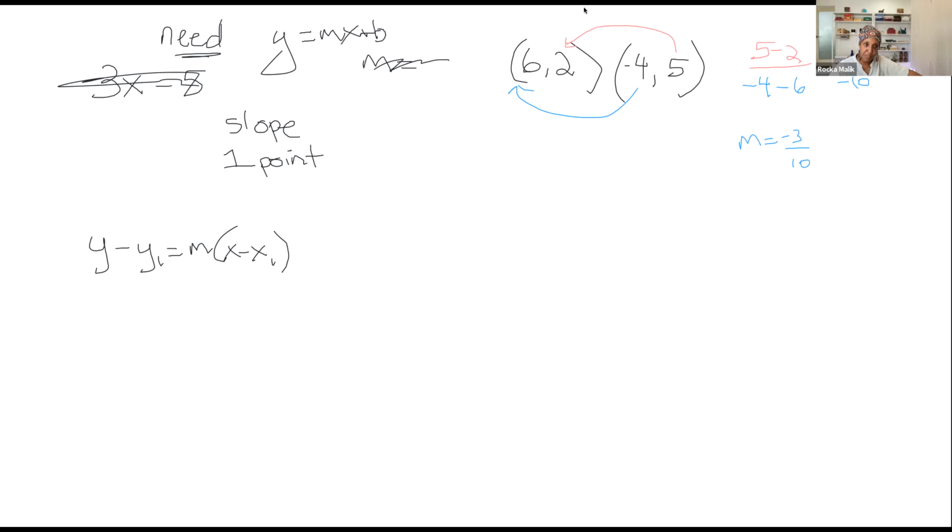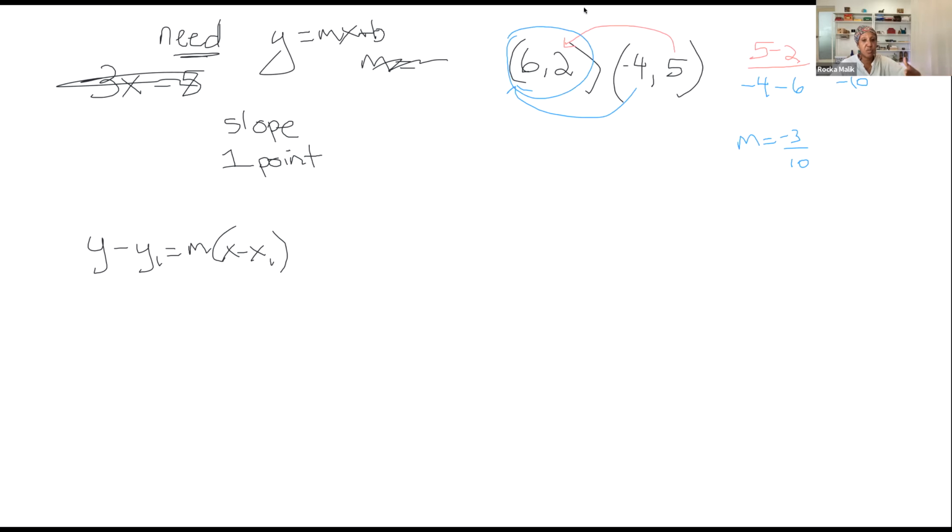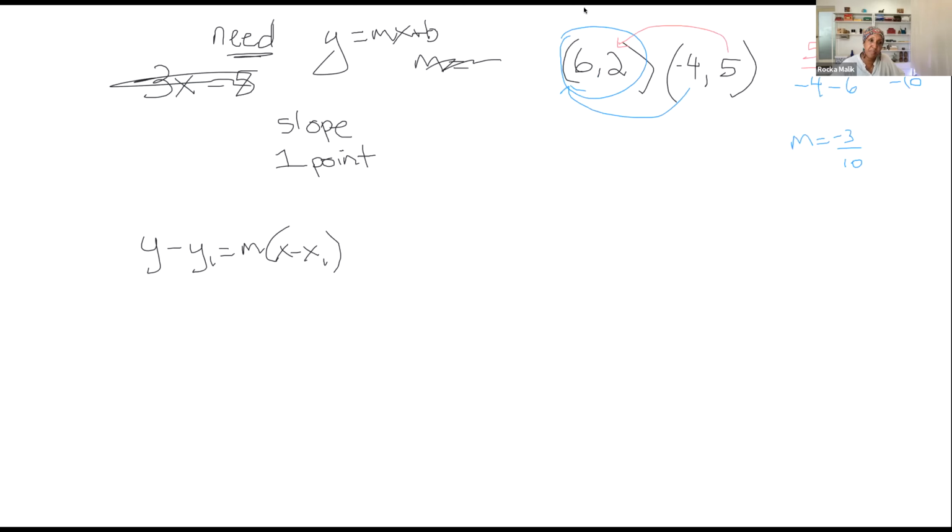So now, which point do you want to use in the formula? 6, 2 or -4, 5? No, I will use 6, 2, because I don't want to take any chance and mess up with the negative. So I tend to use, if I have a choice, the ones with both positive numbers.